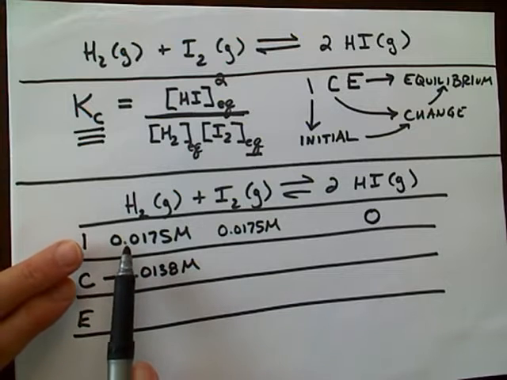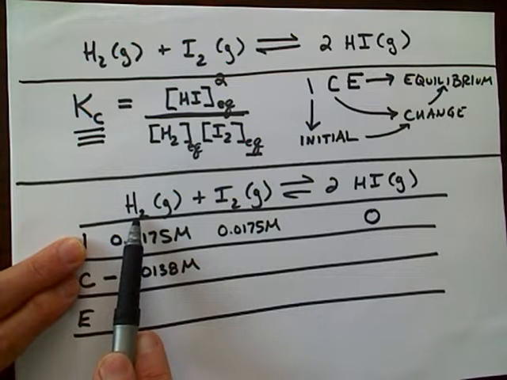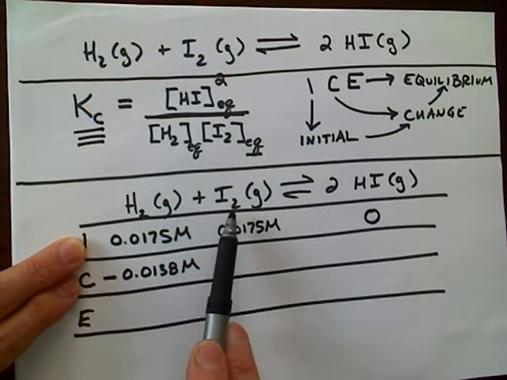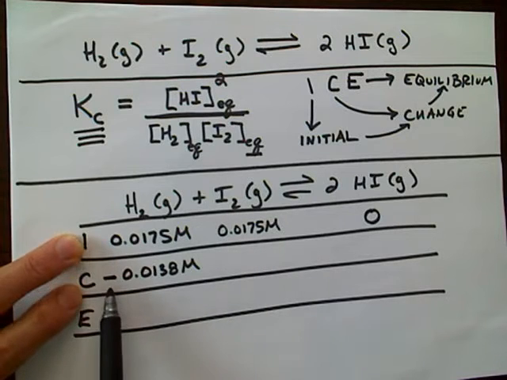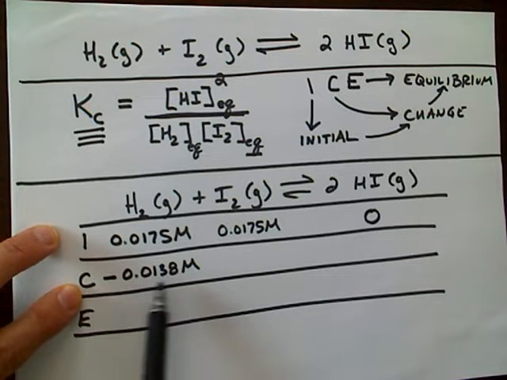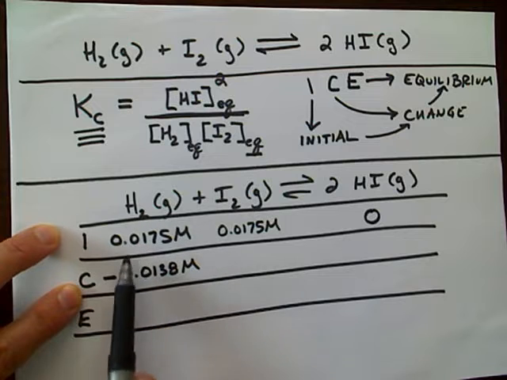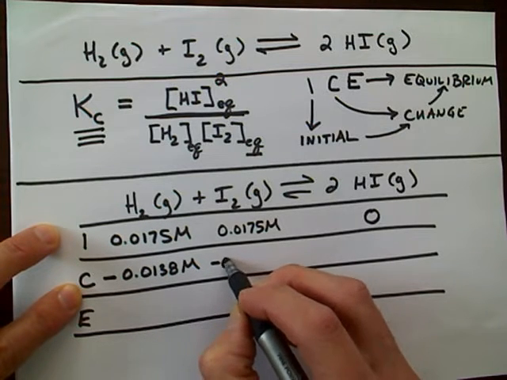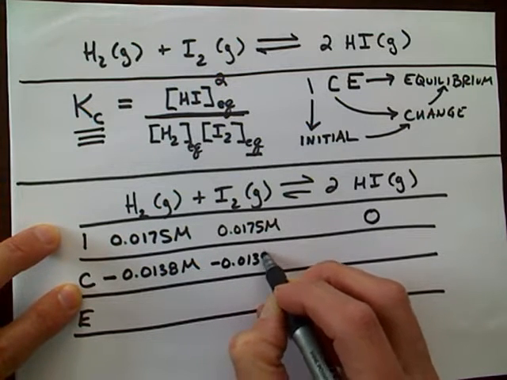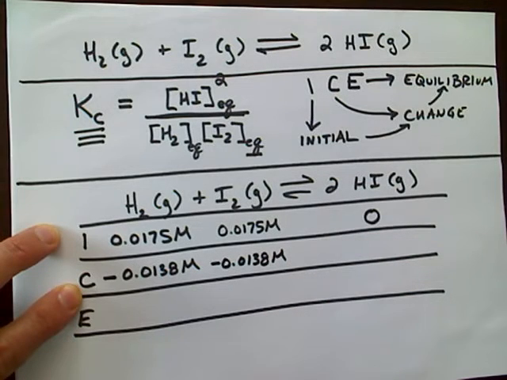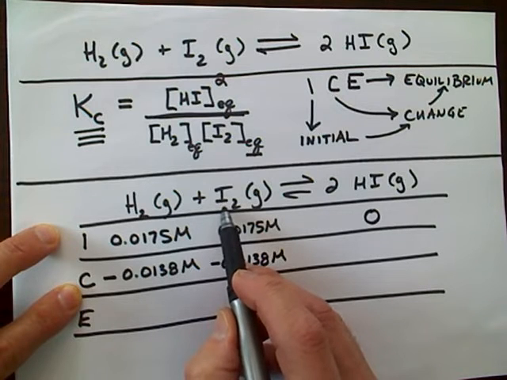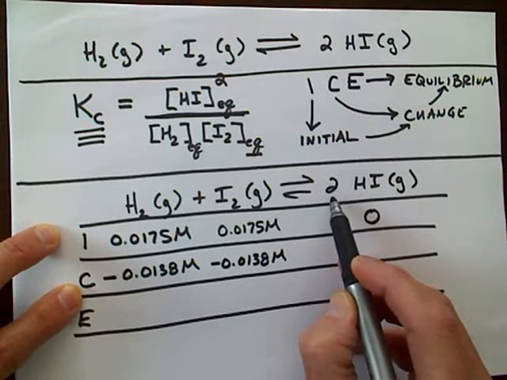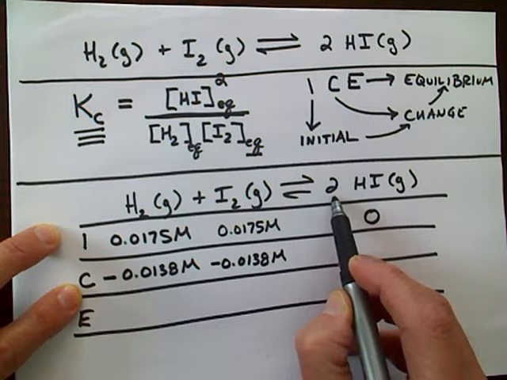We know how to do stoichiometry. We know that for every mole of hydrogen that reacts, 1 mole of iodine is going to react. So if I lose this much molar concentration of hydrogen, I have to lose that same molar concentration of iodine. Again, from the reaction stoichiometry, for every mole of iodine that's lost, I'm going to gain 2 moles of HI.